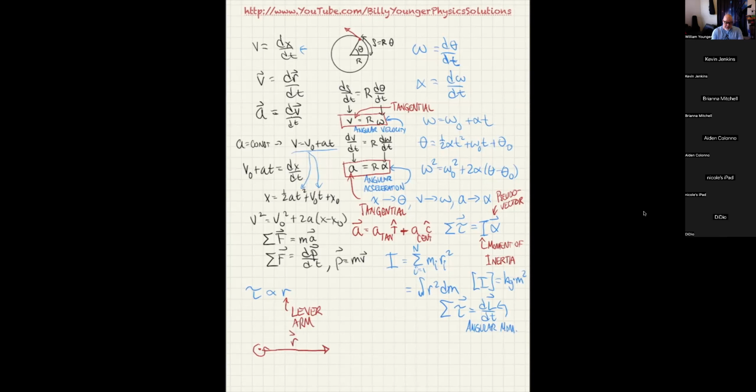So now if I put a force, let's say right here, then you can see that the lever arm really does connect the center of rotation of the object to the actual point of application of the force.